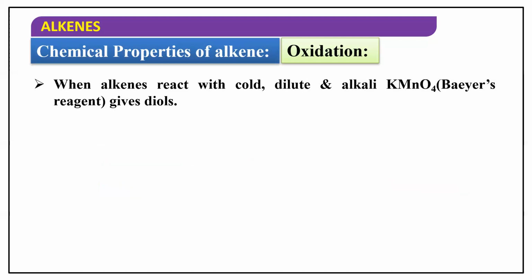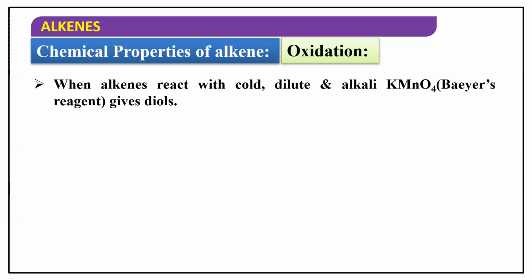When alkenes react with cold, dilute and alkaline KMnO4, which is called Baeyer's reagent, very, very important. So there's a reagent which has a name, which is called Baeyer's reagent. So what is Baeyer's reagent? Cold, dilute and alkaline KMnO4.